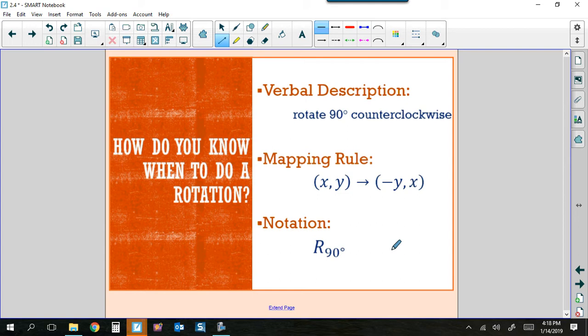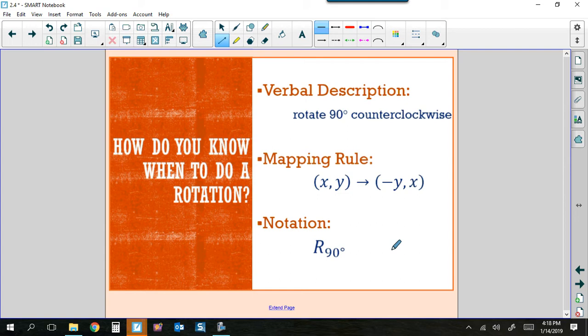So in this case, we're saying rotate 90 degrees counterclockwise. The rule we'll talk about in just a second. We'll show you hopefully an easy way to remember your rules. Because we're on a coordinate plane, there will be 3 rules that we'll be talking specifically about. In this case, whatever your pre-image x, y is, it will become negative y, x.